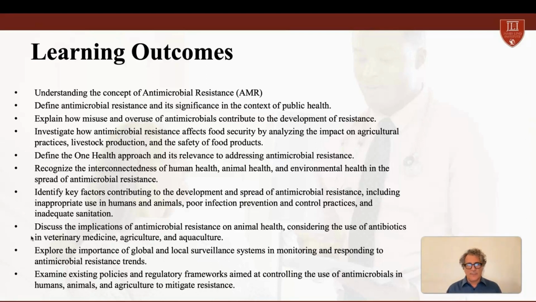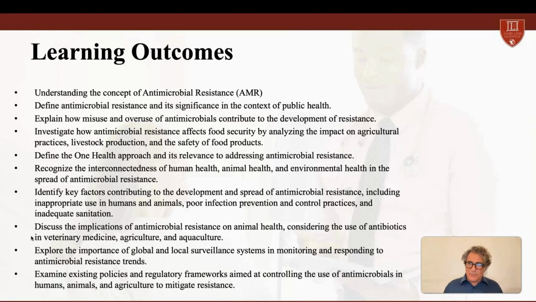We will talk about AMR without repeating antimicrobial resistance in full each time. We will explain the difference between the misuse and the overuse of antimicrobials and how these contribute to increasing resistance. We will also investigate resistance and how it affects the food supply.